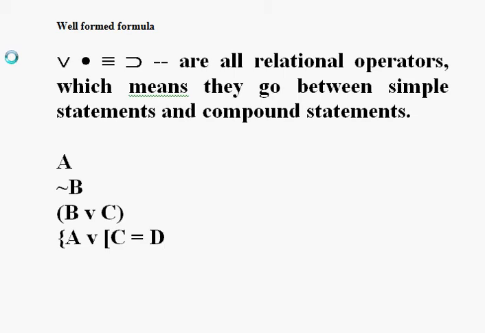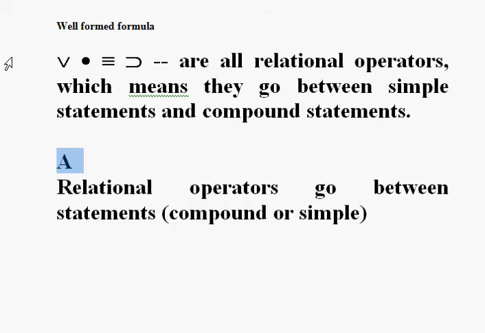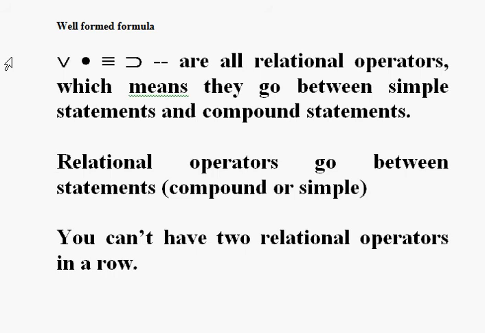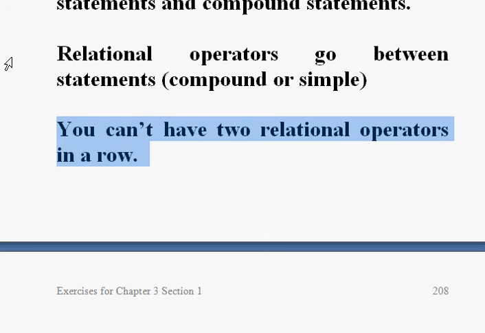It could be a complex thing, it could be a lot of symbols, and basically that allows for that operator to go between them. Relational operators go between statements whether compound or single, and you can't have two relational operators in a row, and you can't have two relational operators in a statement in which you don't have some sort of parentheses.